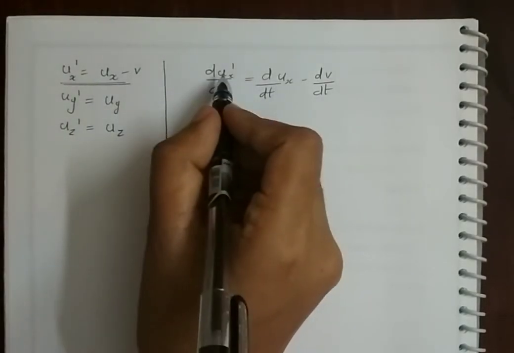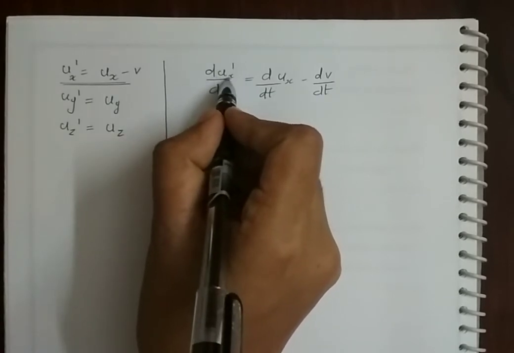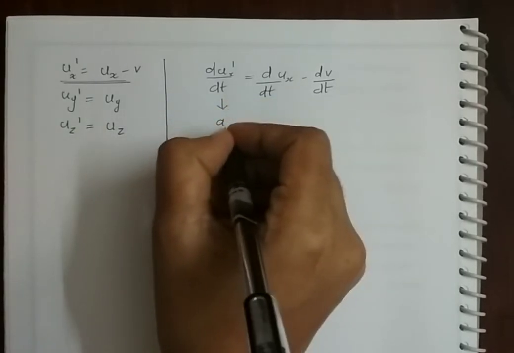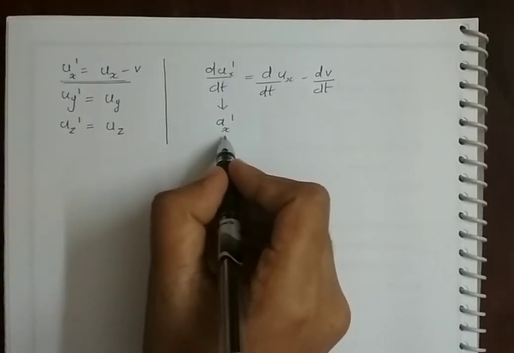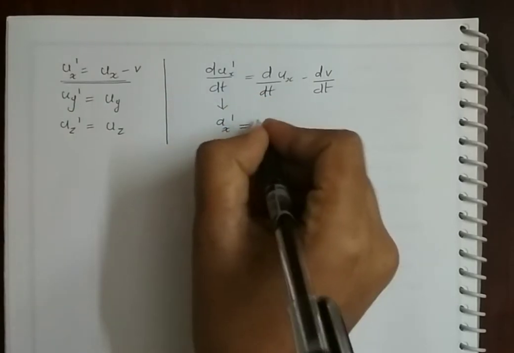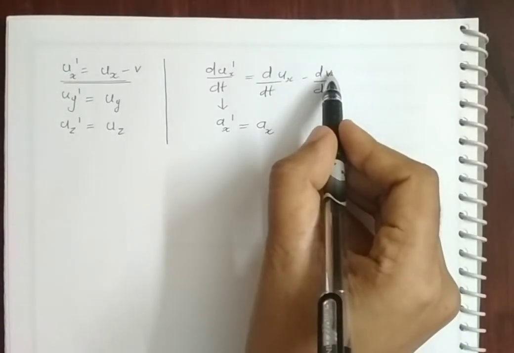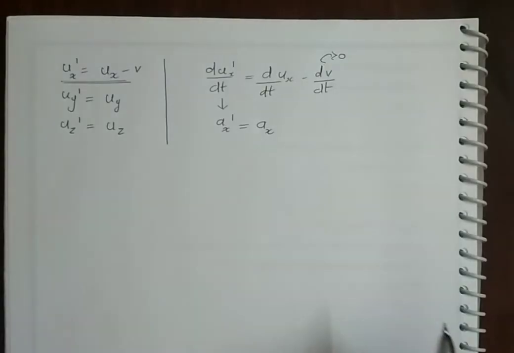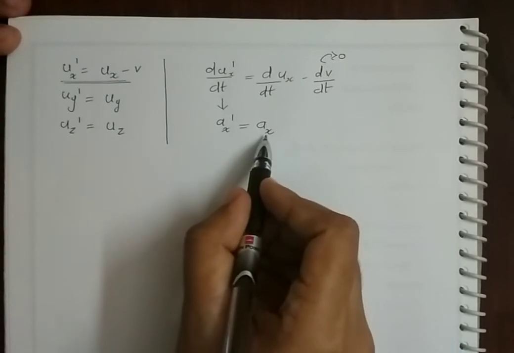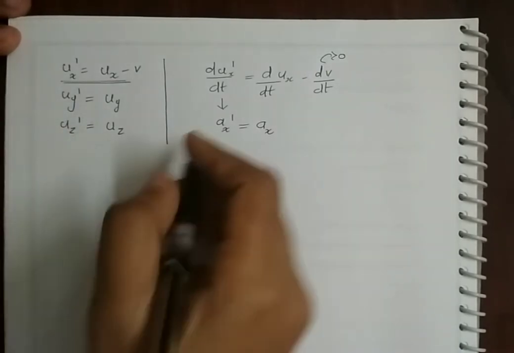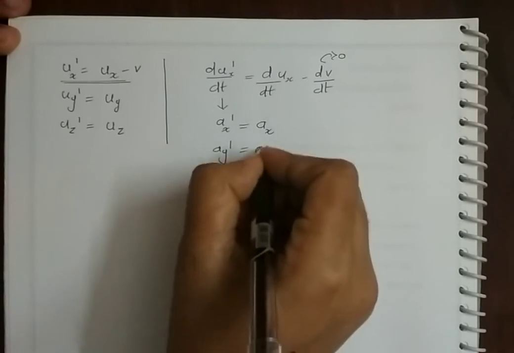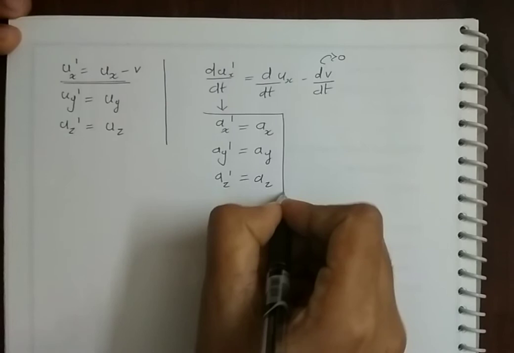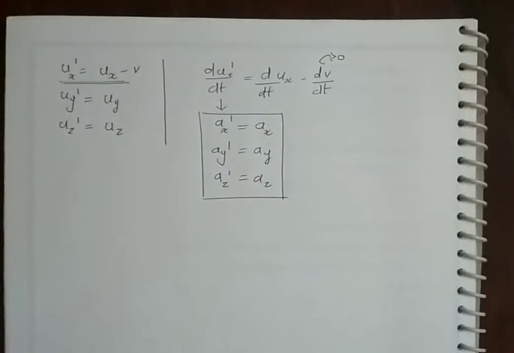The rate of change of velocity along the x direction is the acceleration. Therefore, this term is equal to ax prime, the acceleration along the x direction in the S prime frame. This one is equal to ax. Since velocity v is a constant, the rate of change of a constant is equal to 0. Therefore, ax prime is equal to ax. Similarly, these two equations can be written as ay prime is equal to ay and az prime is equal to az. So, these three are the acceleration transformation equations.